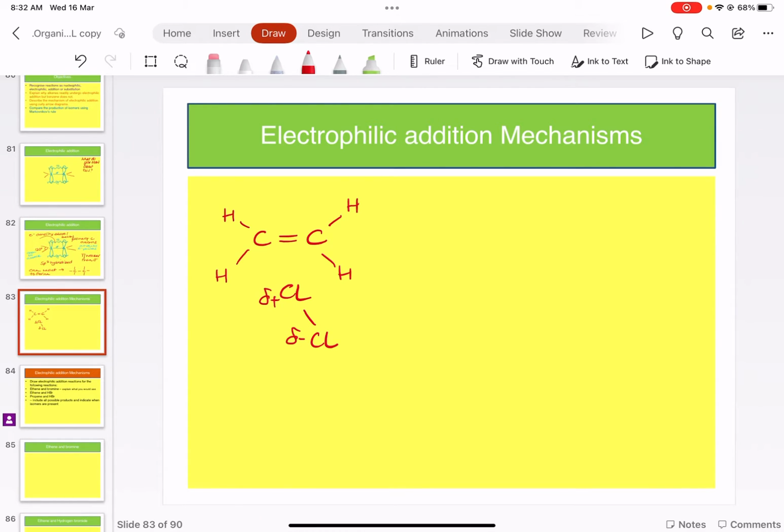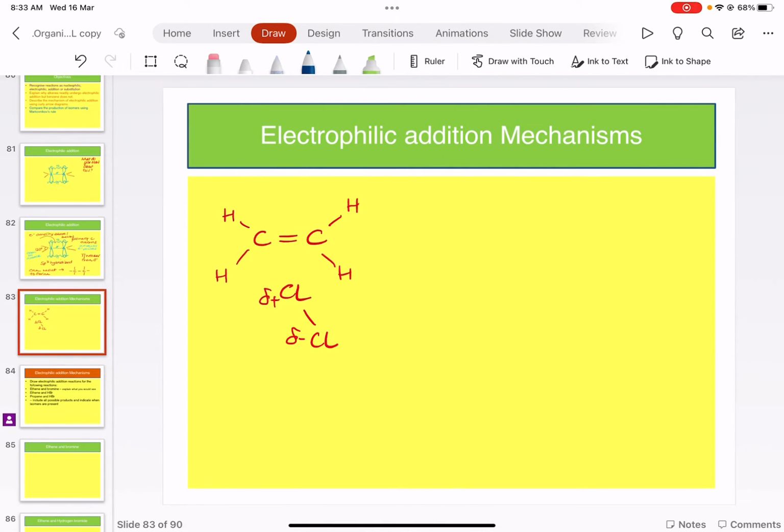And the reason for that is the chlorine obviously has got 2 electrons in its covalent bond, and here is super electron rich. So if this area here that I am close to is electron rich, it's going to repel and push the electrons further towards this chlorine. So that means this chlorine becomes slightly negative and leaves this chlorine slightly positive. So the reason for it is completely to do with repulsions rather than to do with an actual difference in electronegativity.